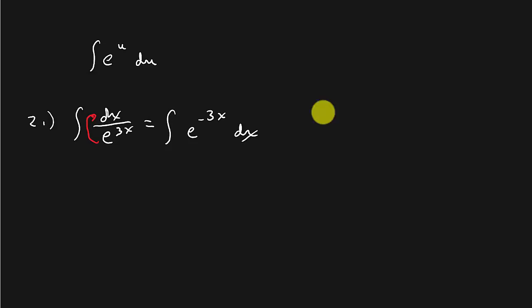So now I'm going to let u equal my exponent. So du is just negative 3 dx. So I've got the dx, I've got the dx, I'm missing the negative 3. So multiply by negative 3, and then come out here and multiply by negative 1/3.